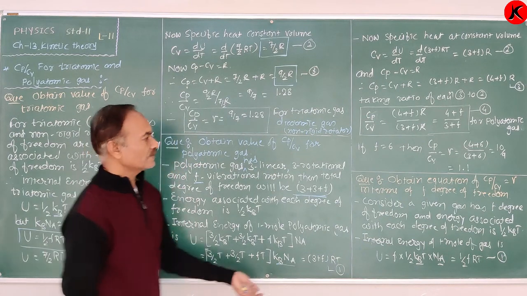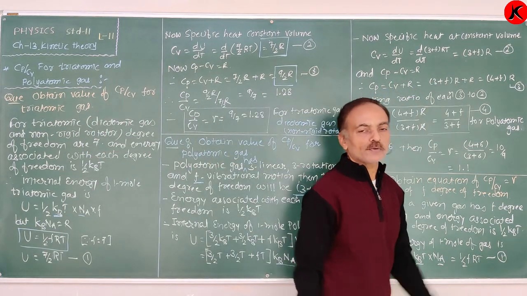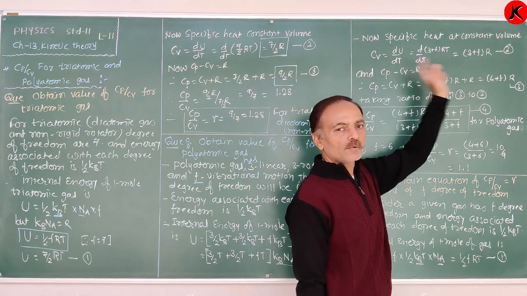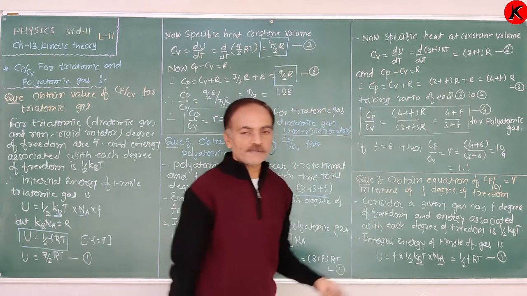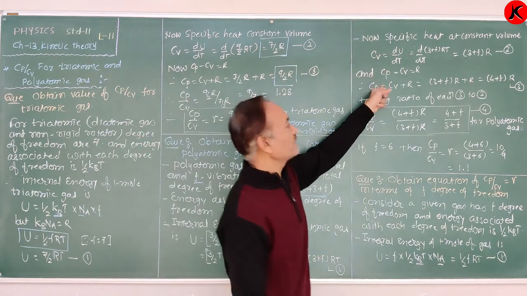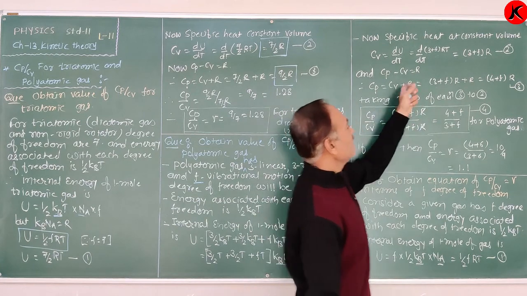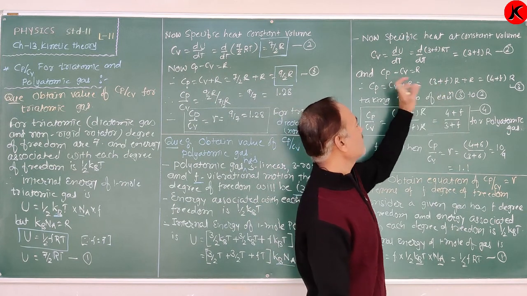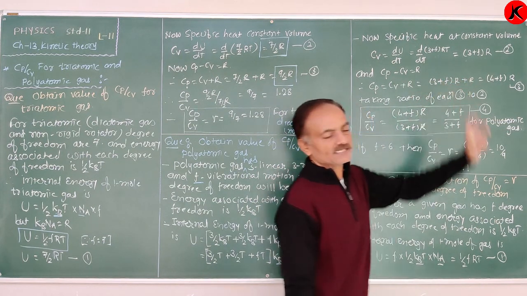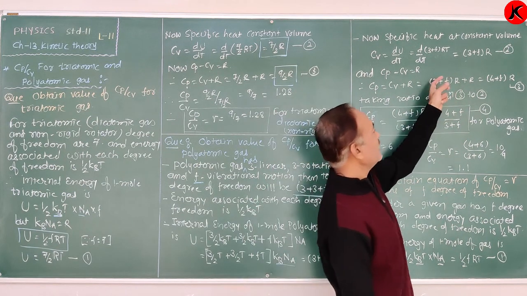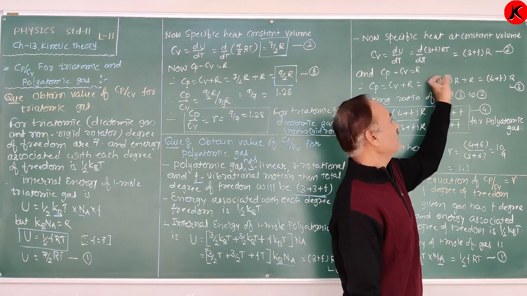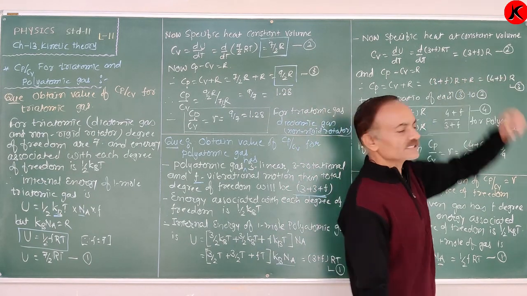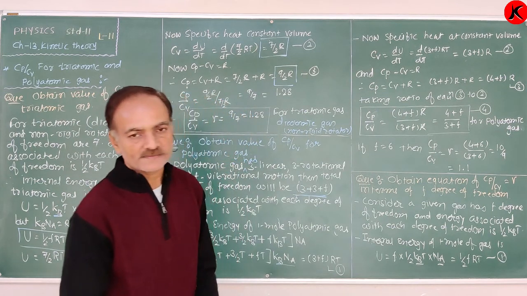Instead of U, we substitute (3 plus F) RT. (3 plus F) into R common, therefore dT upon dT is equal to 1. Now Cp minus Cv is equal to R, therefore Cp is equal to Cv plus R. Now the value of Cv is (3 plus F) into R. Substitute here (3 plus F) into R plus capital R. R is taken common, therefore (3 plus F plus 1) into R. 3 plus 1 is 4, so (4 plus F) into R is the value of Cp.